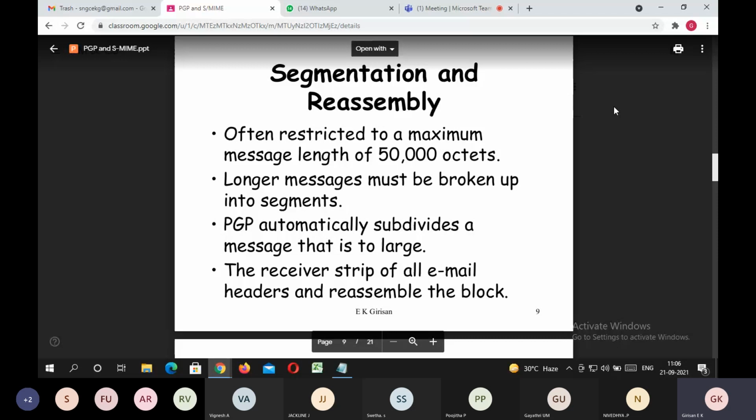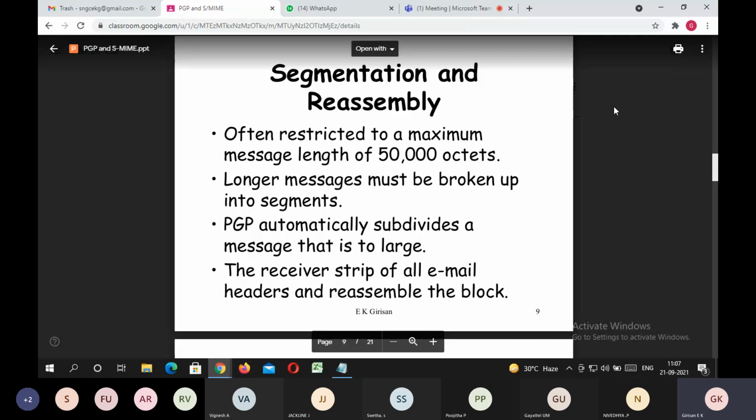Therefore, it undergoes a concept called segmentation when the message leaves the computer from user A. Segmentation is dividing the message into equal sized pieces of a particular length, with a maximum of 50,000 octets. One octet is 8 bits. So 50,000 octets will be grouped, and that message leaves the system of user A.